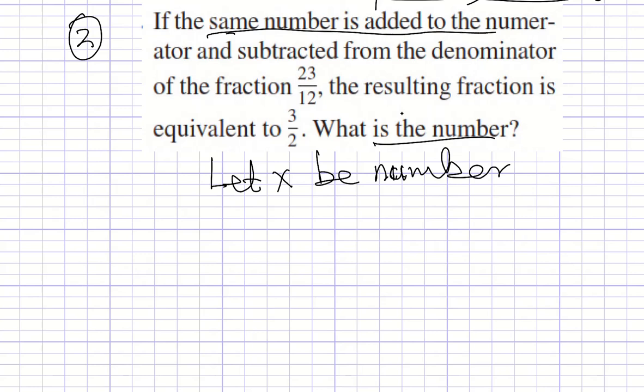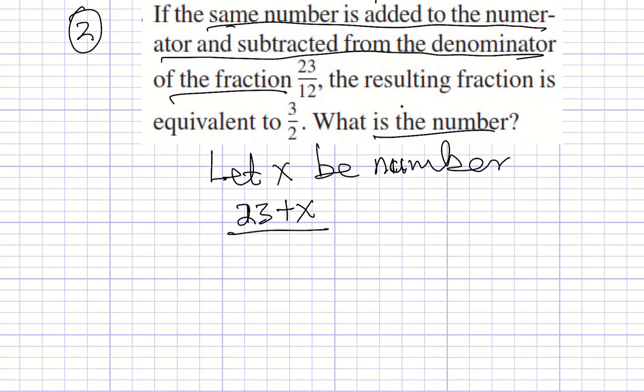If the same number is added to the numerator and subtracted from the denominator of this fraction, 23 is added to the numerator, 12 subtracted. The resulting fraction is equivalent to this. When you say something is equal, it means they're equal. 3 over 2. Okay? So, what is the number?